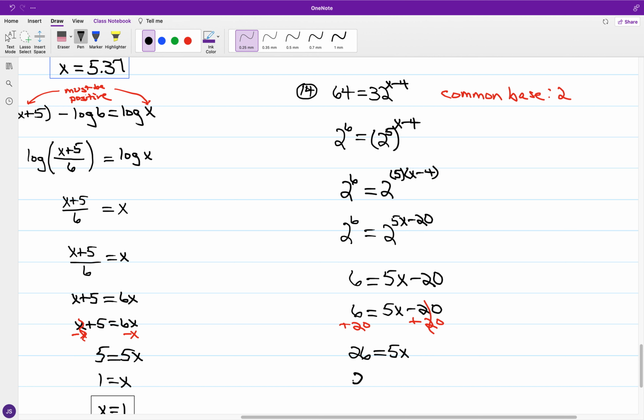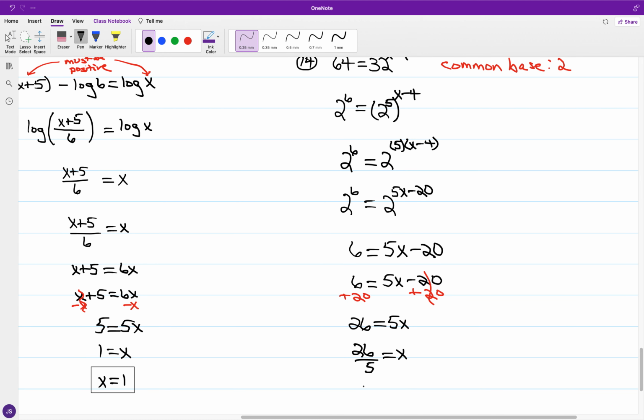With division by 5, we have x is equal to 26/5. You can also express this as a decimal, where 26/5 is equal to 5.2.